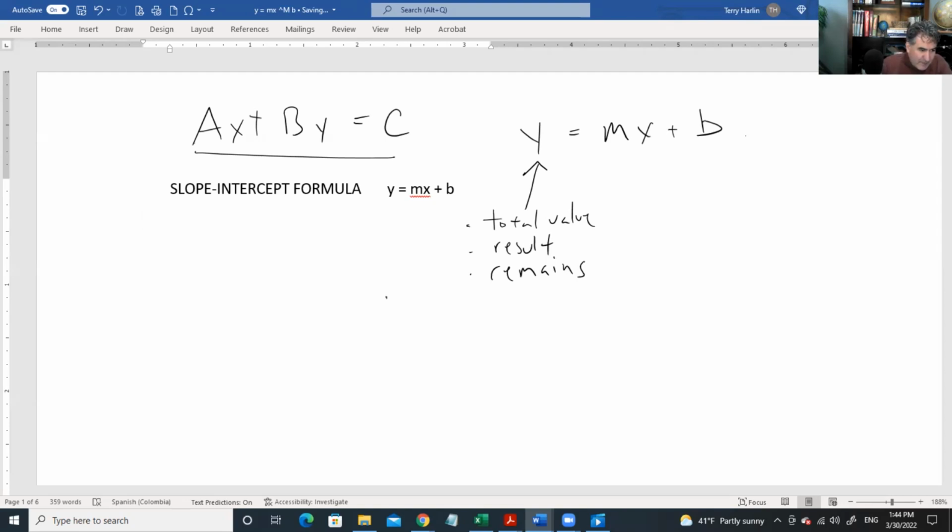Now, my y-intercept, which is what we call b, is what I start with. This is the y that I start with to end up with this y over here. So this is my initial value, or my starting amount.